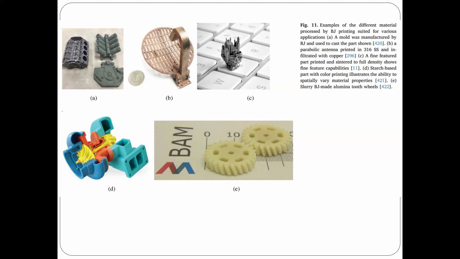This is a very complex form. D is a starch-based part with color printing, illustrations, and the ability to spatially vary material properties. Then the last one is the slurry, which is from binder jet made alumina tooth wheels.